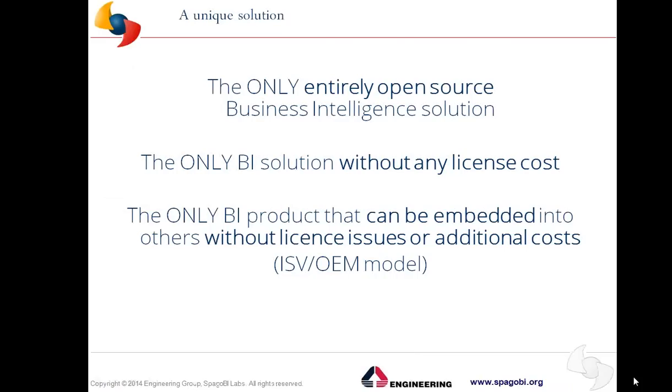So clearly, we target the industry market. So we are not expecting that everyone using SpagoBI or embedding SpagoBI in its software product wants to make it open source. So the license is open in this sense because it allows commercial reuse. So you're quite free to use it in many different ways.